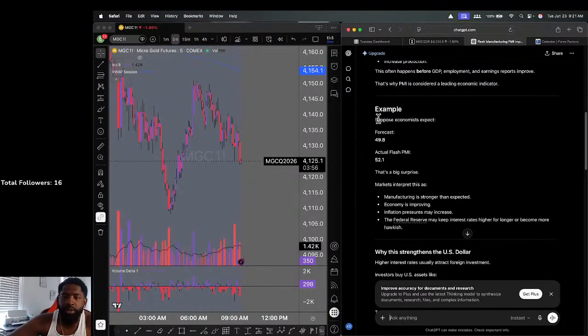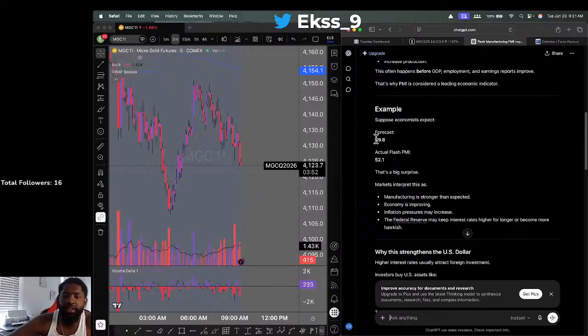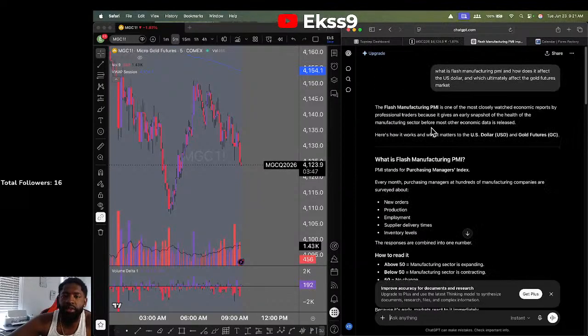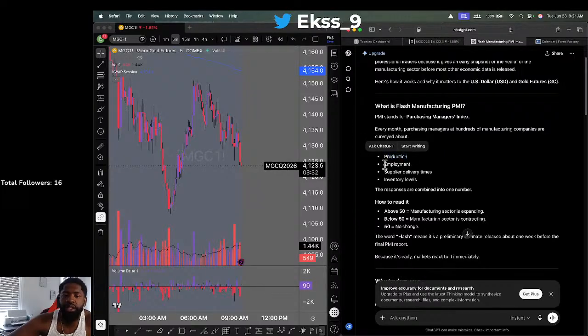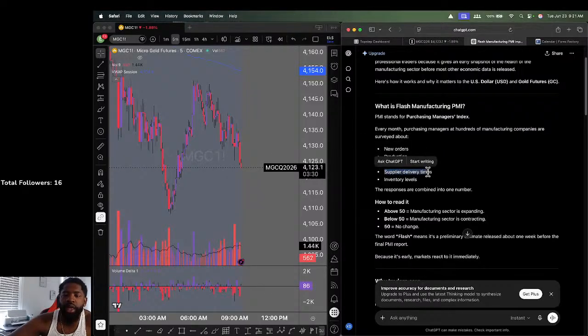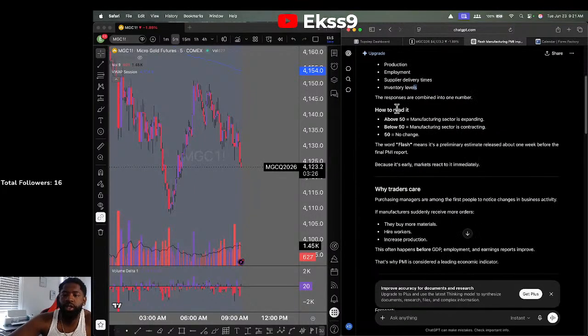It says, suppose economists expect a forecast of 49.8. So basically what that number means again is the overall number represented by what these purchasing managers are being surveyed about: new orders, production, employment, supplier delivery times, inventory levels, all of that measured within one number.